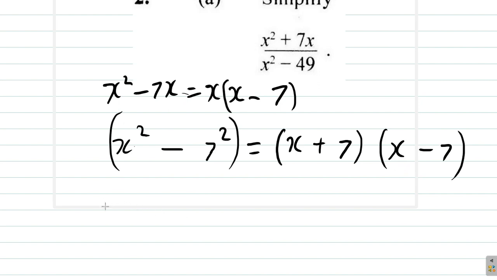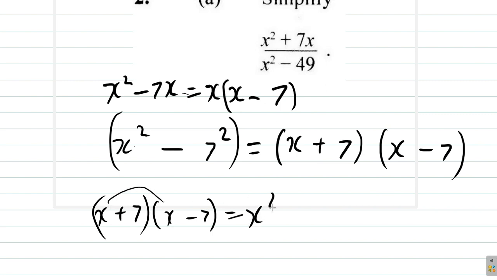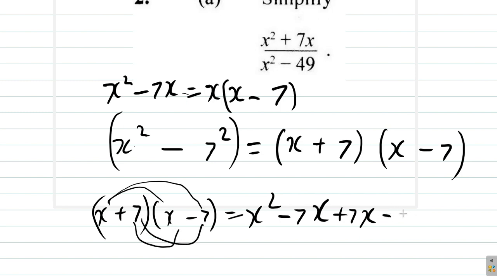Before we finish it off, let's look at this a bit. If you multiply x plus 7 times x minus 7, what do you get? Let's see. x by x is your x squared. x by 7 gives you negative 7x. 7 times x gives you 7x. 7 times negative 7 gives you negative 49.